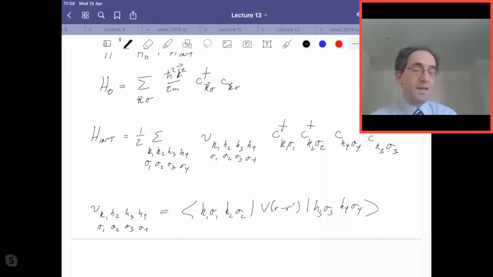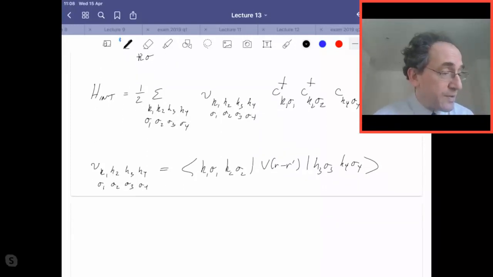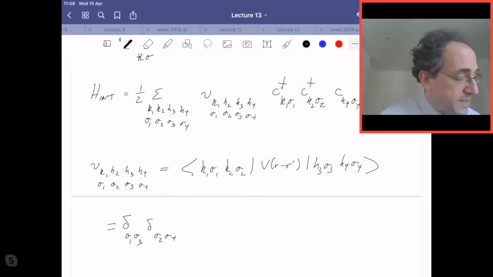Okay, just the inner product matrix element, which we can write out in all its glory if we want. It's delta sigma 1 sigma 3 delta sigma 2 sigma 4. The Coulomb interaction, we're only going to consider interactions which do not flip spins, so it's diagonal in spin space.